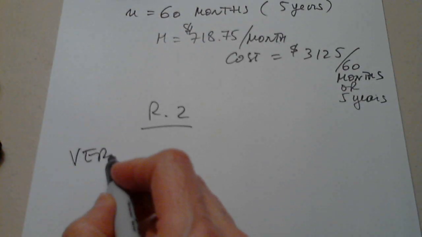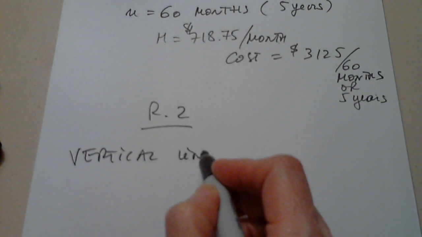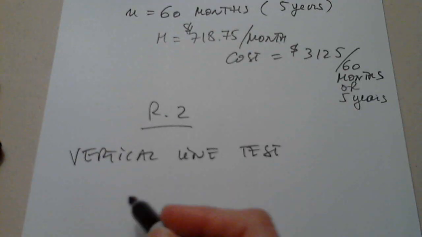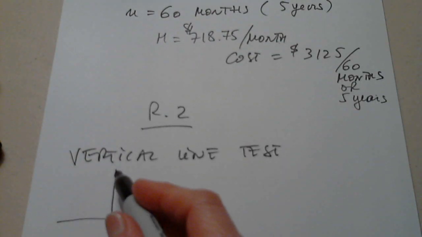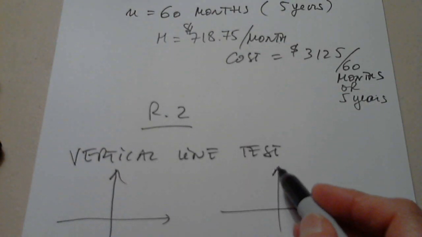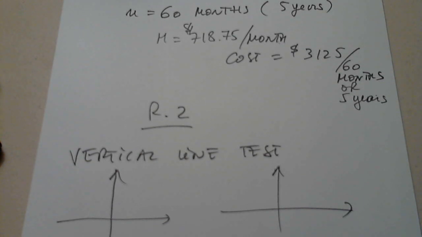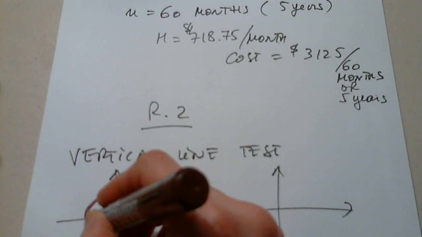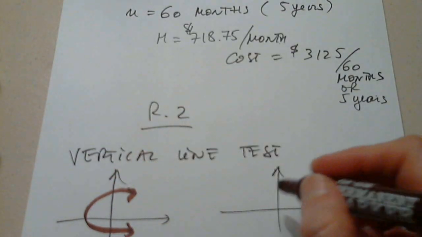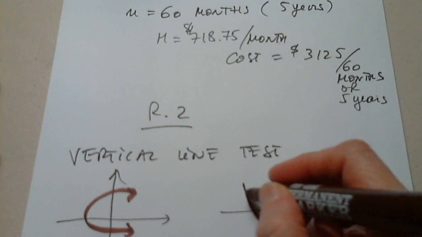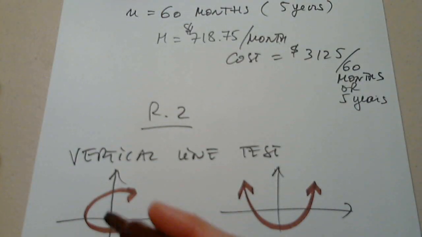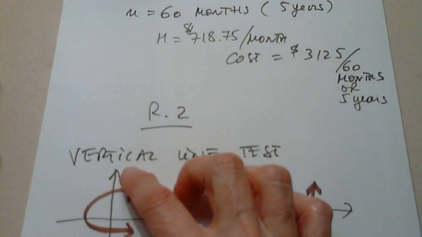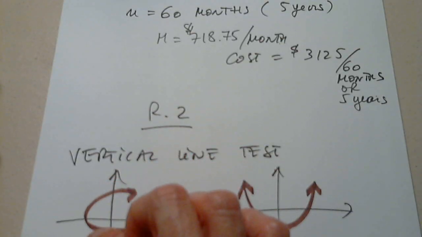The vertical line test. So if I have something like this, let's say, I can never open this red. I'm not sure why. Okay, so let's say I have this, and let's say I have this. By the vertical line test, this is not a function.